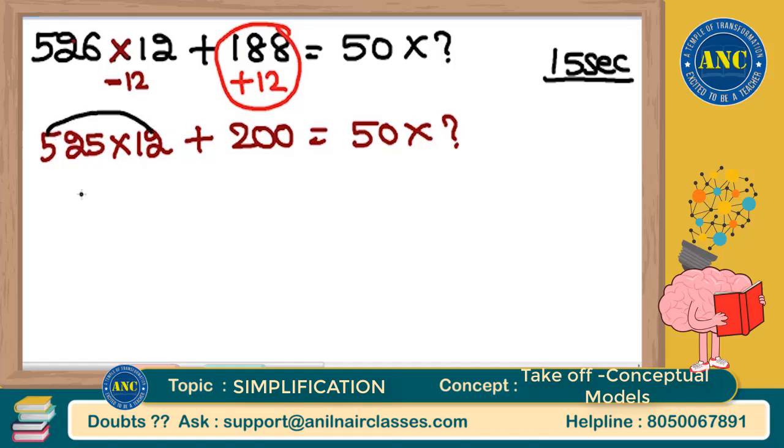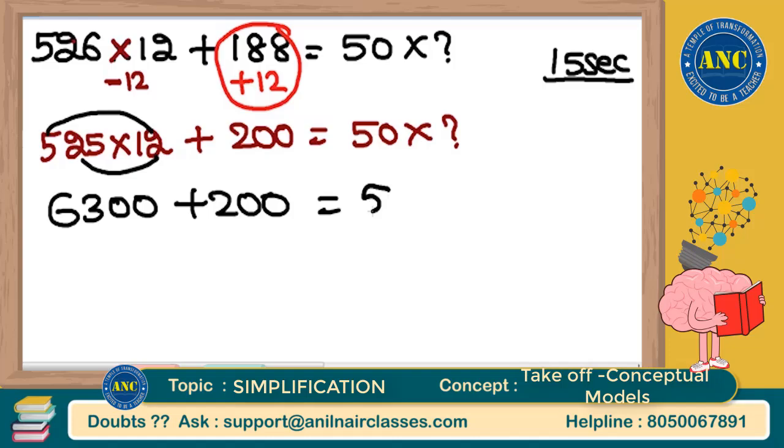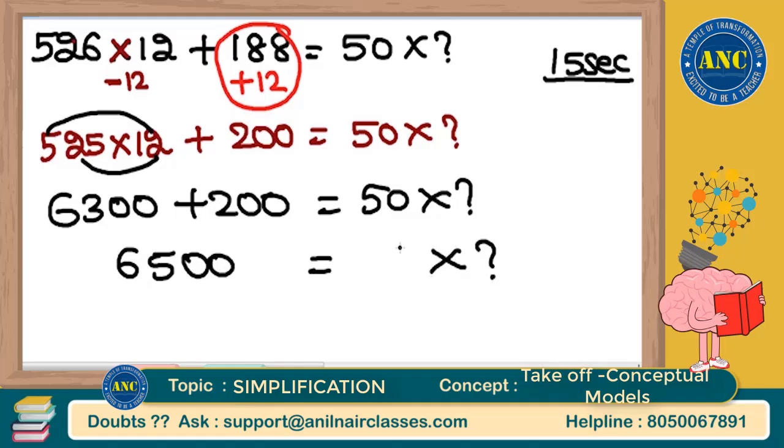500 into 12 is 6000, 25 into 12 is 300, this entire thing is 6300 plus 200 is equal to 50 into question mark. This is 6500 is equal to 50 into question mark. I don't like to work with 6500 or 50. I want this 50 to become 100. Multiply by 2, multiply by 2.